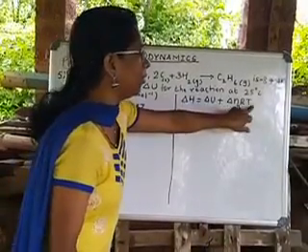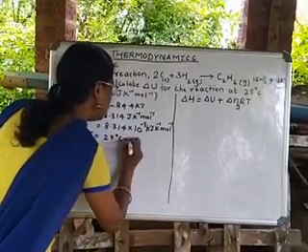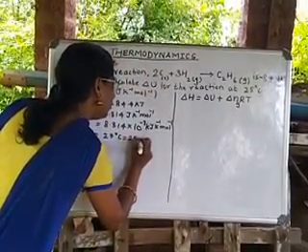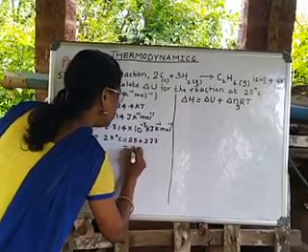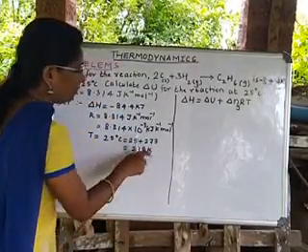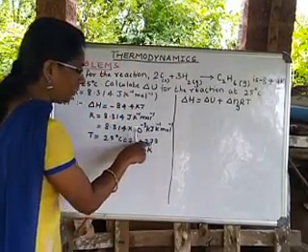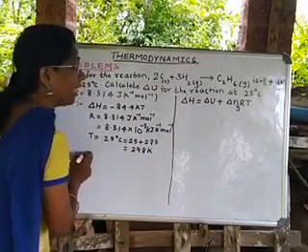R value is given, and the temperature, 25 degrees Celsius, we are supposed to take in Kelvin. So 25 plus 273 is equal to 298 Kelvin. Okay, so temperature is given, and delta n value is not given.